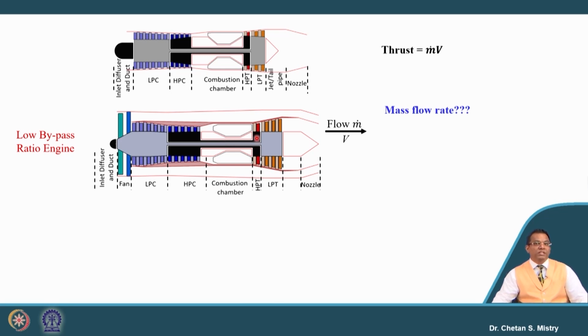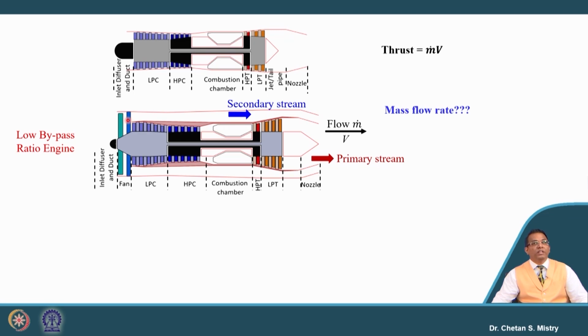In this case we know this will be giving me my exhaust, and that exhaust I call the primary stream, where my thrust we can represent as m dot into V. So, we will have an exhaust velocity coming out from the core engine. Same way on the upper side, since we have provided the duct, I call that the secondary stream.